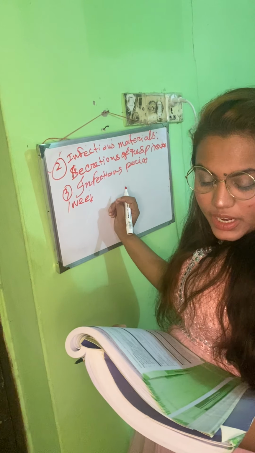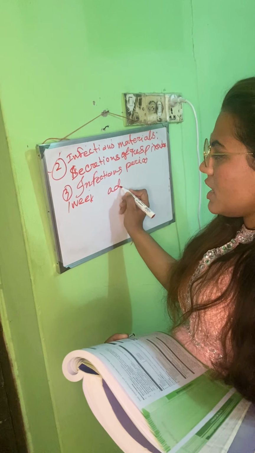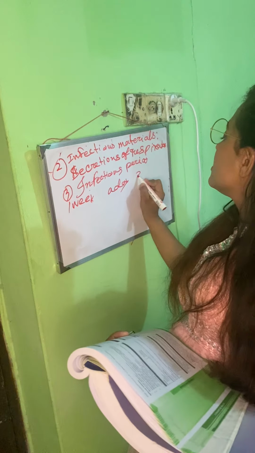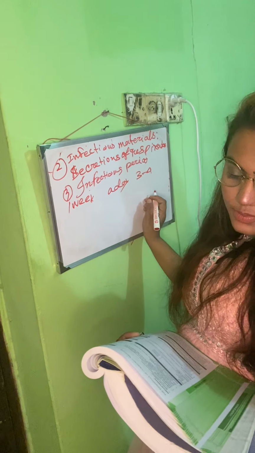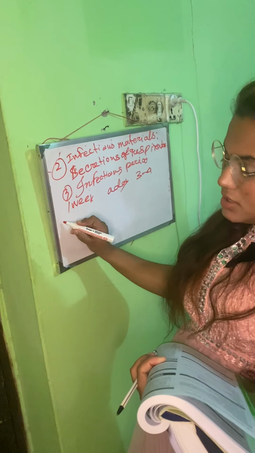The greatest period of viral shedding occurs a day before to 3 to 4 days after the onset of illness. Okay.